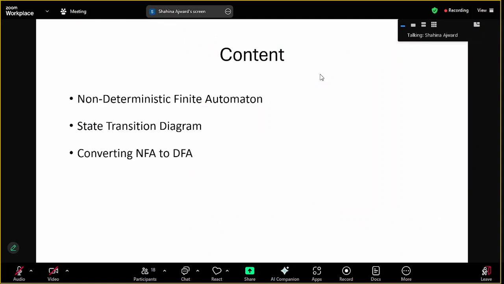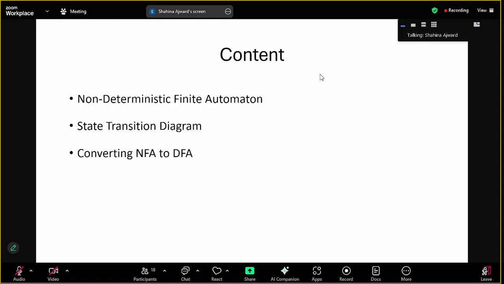Right. So now, under non-deterministic finite automata, we learn how we can design the non-deterministic finite automata machine, and also we will write the state transition diagram. We learn how we can create the table, and also we convert our NFA, non-deterministic finite automata, to a DFA, right?